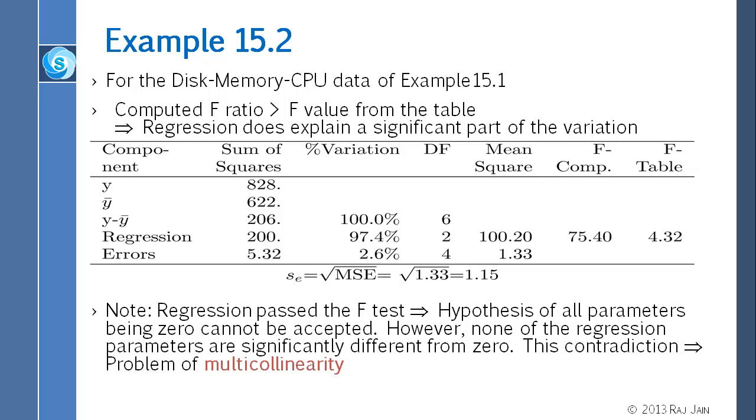Before I go to the table, this is a ratio of two variables. The numerator has 2 degrees of freedom, and the denominator has 4 degrees of freedom.